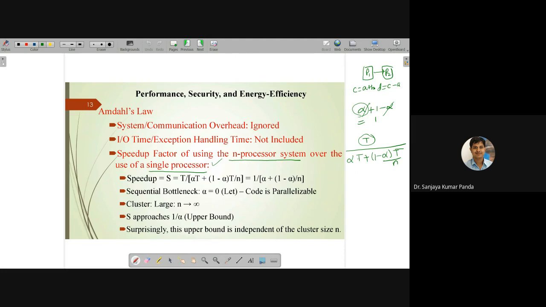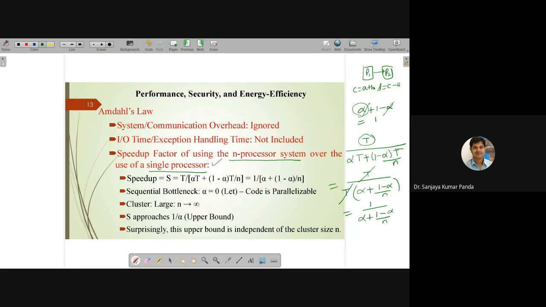So here also you have t in the numerator. If I take t common, it is t divided by t times alpha plus (1 minus alpha) by n. So this t and t can be cancelled out, and you can write 1 by alpha plus (1 minus alpha) by n.